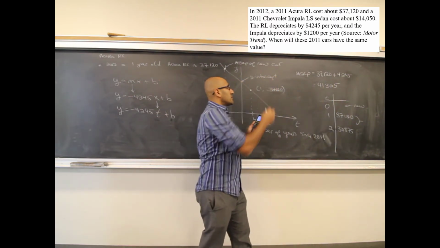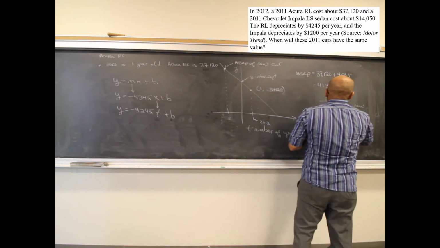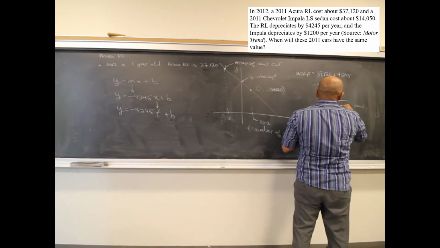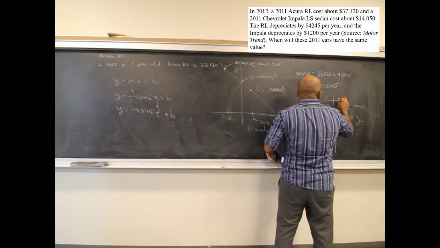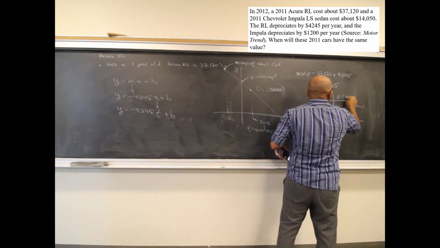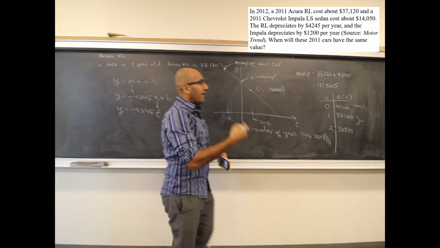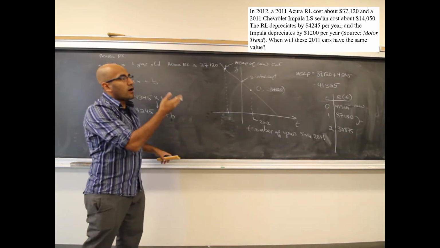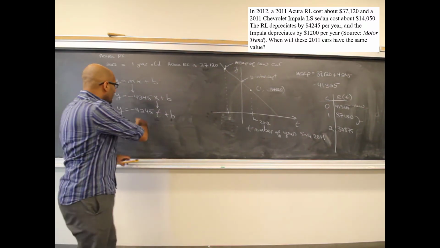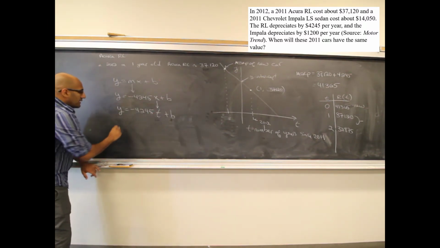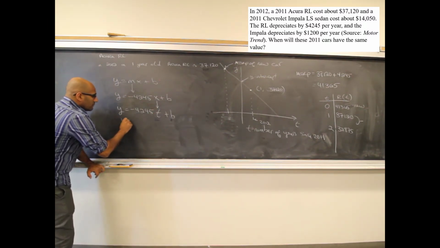And then I can go backwards to figure out that up here, when it was new, it must have been $41,365, right? And so this is the value of the R. So I'm going to use R of t to represent the value of the RL model. Good? Good, good, good.